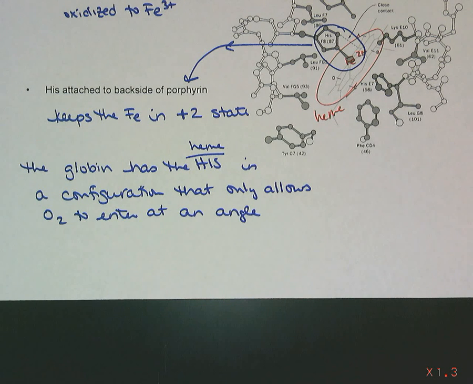Why is that important? Well, what is the main job of this hemoglobin? Bind oxygen and then drop it off, right? It could do the first two jobs. It could pick it up and it could transport it around, but unless it's dropping it off someplace, your hemoglobin isn't actually worth anything.